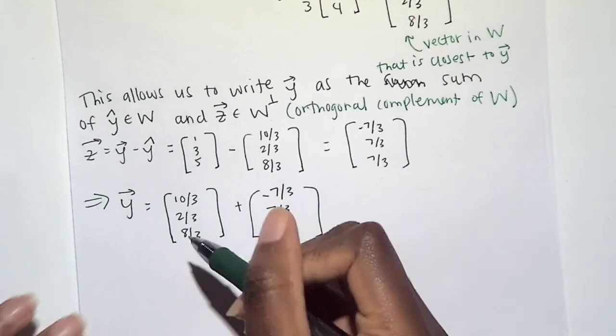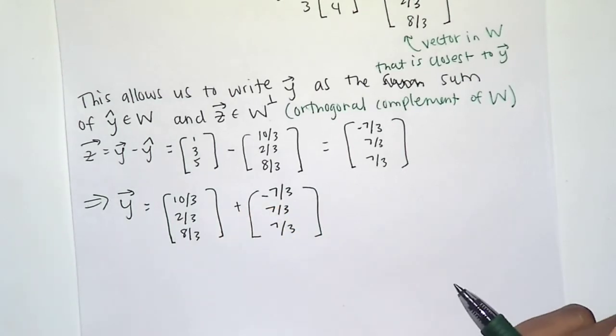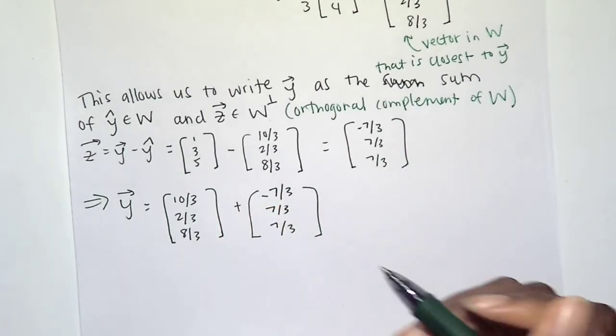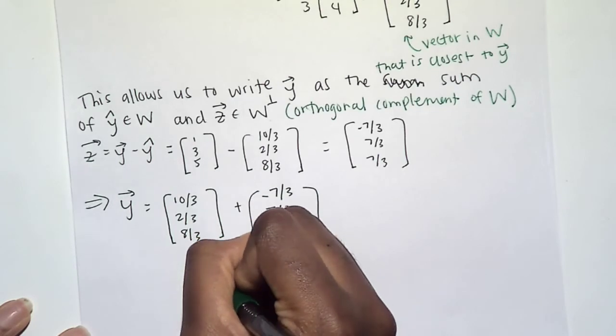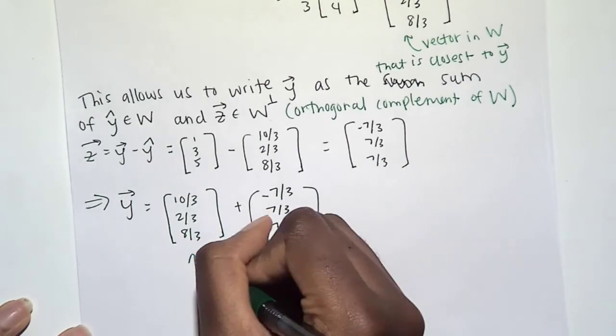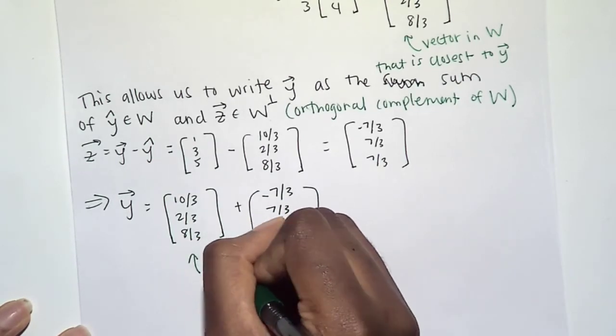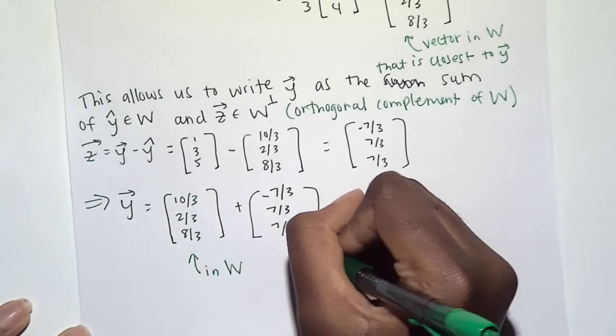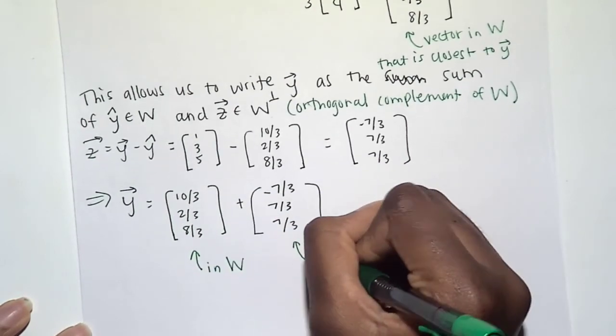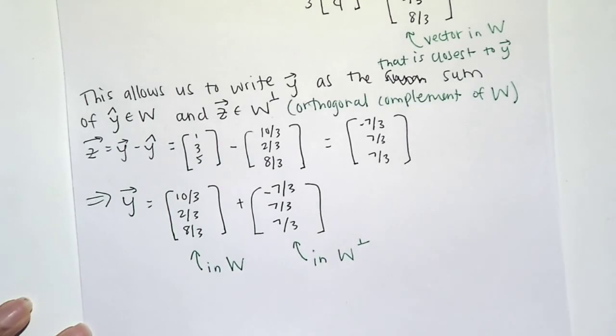The thing we started with, which is not in W at all, can be written as a vector that's in W plus a vector that's in the complement of W.